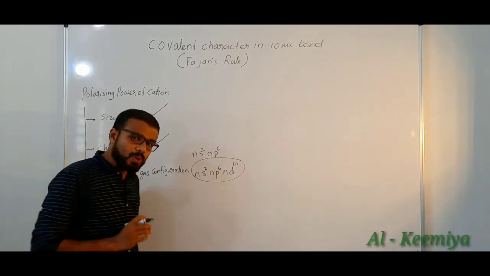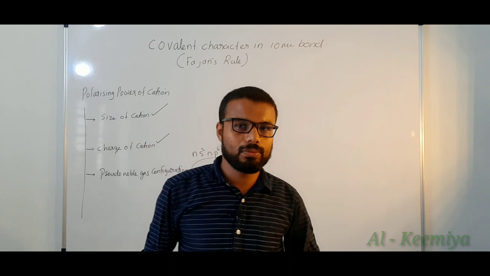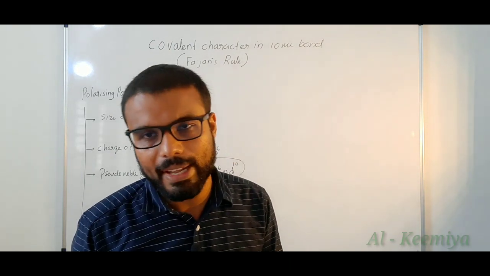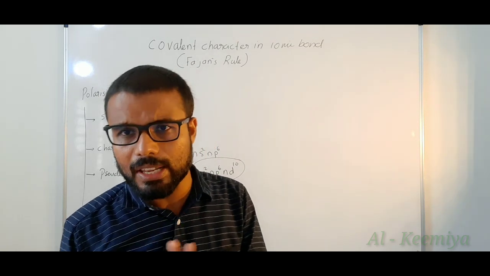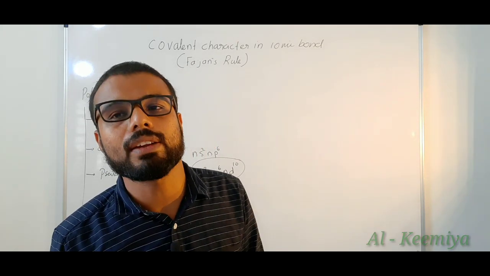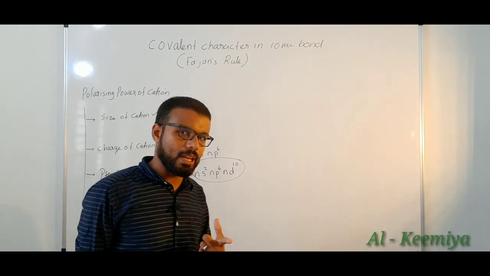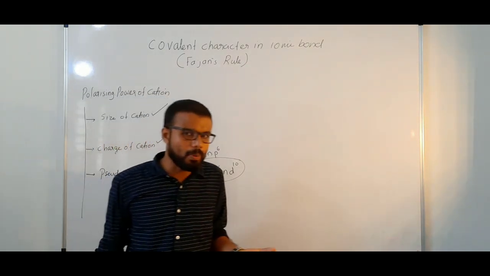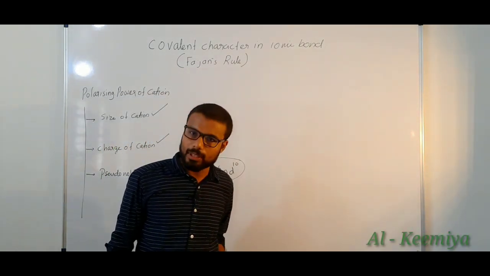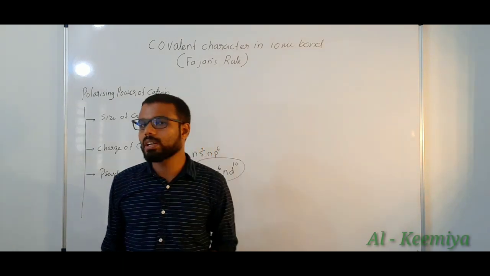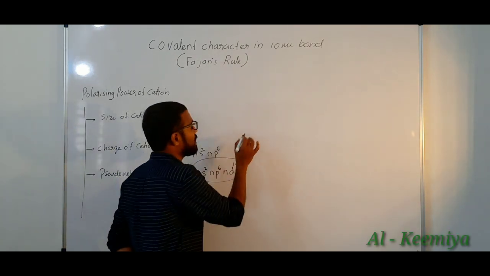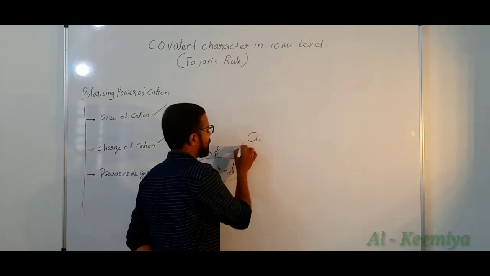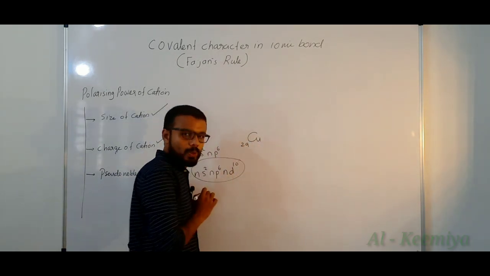So if a metal or a cation has pseudo noble gas configuration, it has high polarizing power, therefore the covalent character will be more. With pseudo noble gas configuration, higher will be the polarizing power, then higher will be the covalent character, and least will be the ionic character. For example, copper atomic number is 29.